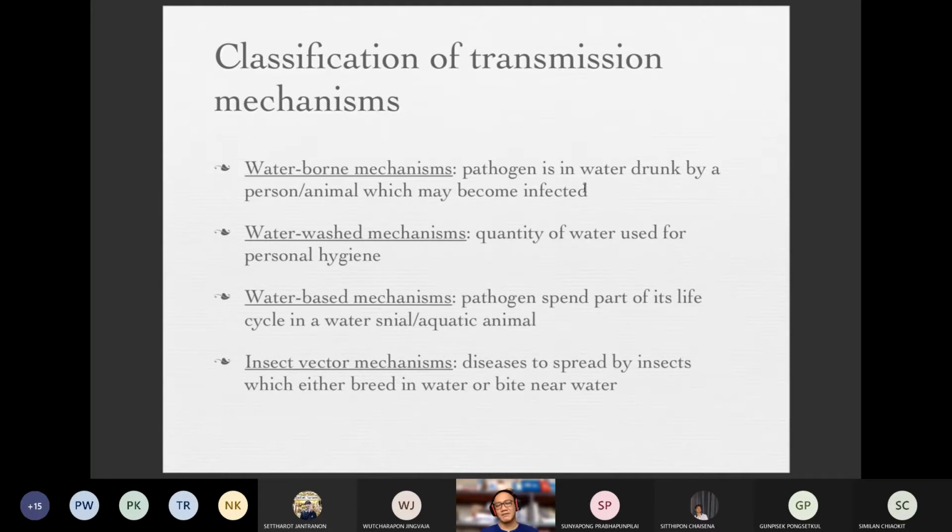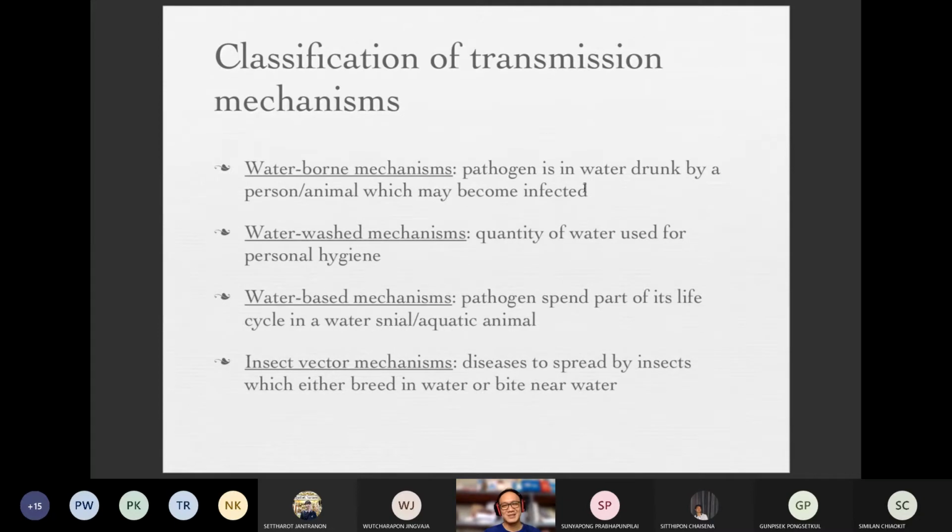If there's no sufficient good quality water, what will happen? People tend not to use that water, and finally, no hand cleaning before eating.